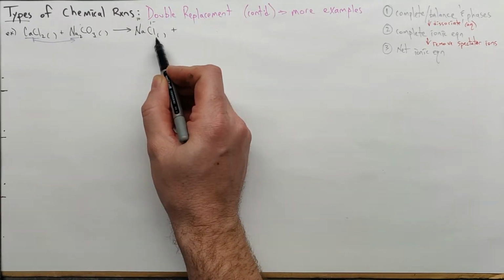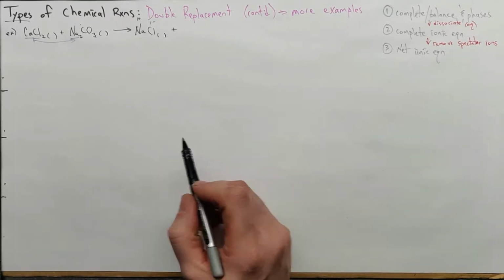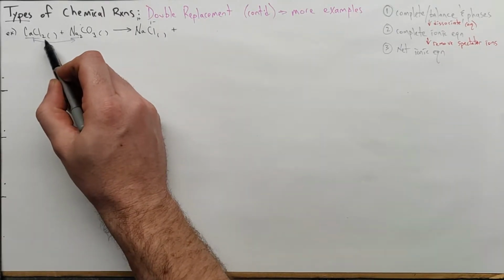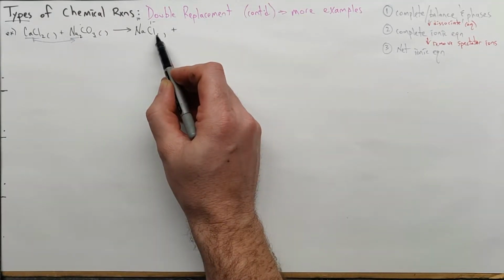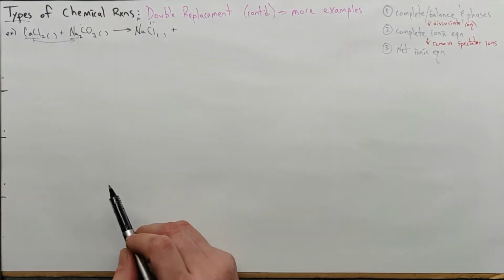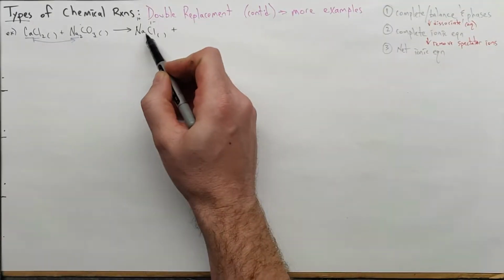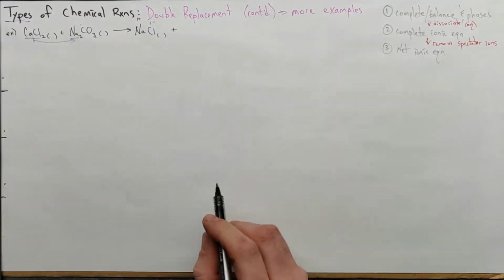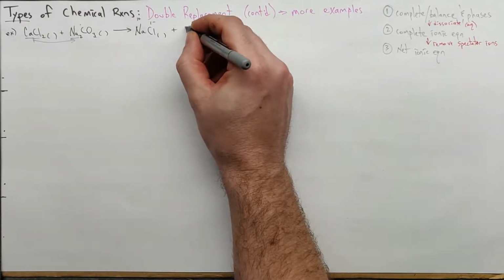The reason for that is we've gotten our formula for the new thing by crisscrossing and reducing. If you look over here, this 2 is there because calcium's a 2+. This 1 that I didn't write there is a 1 because sodium's a 1+. This 2 is a 2 because carbonate is a 2-, and this 1 is a 1 because chloride is a 1-. So hopefully you get tired of hearing me say it and then you don't make that mistake.